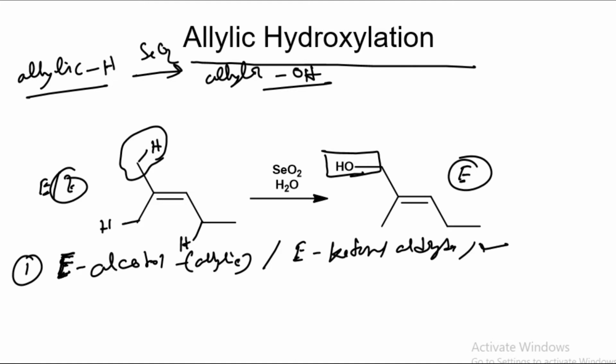So you have to always remember that the E stereochemistry will be preferred and will be selectively produced in more than 90% of cases. Okay, as you have to produce an E alcohol, you then oxidize this allylic hydrogen.